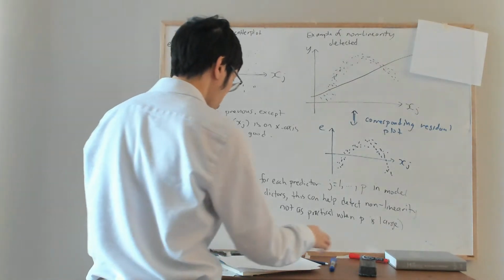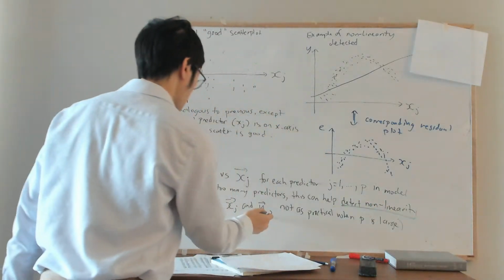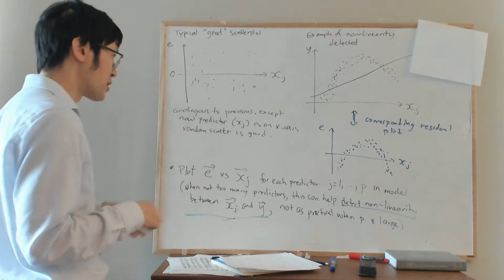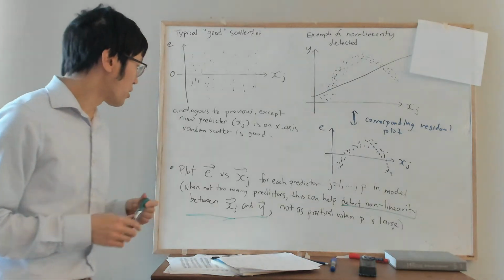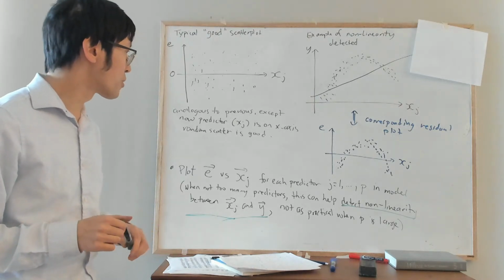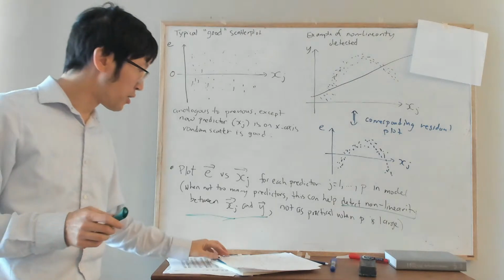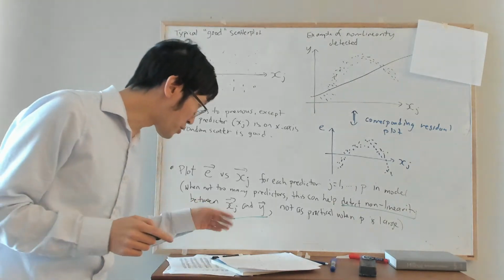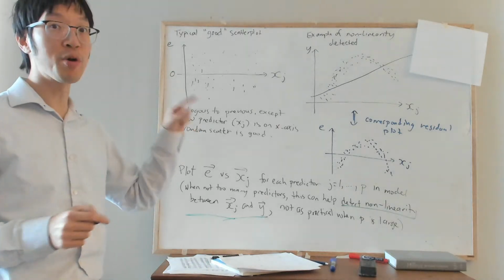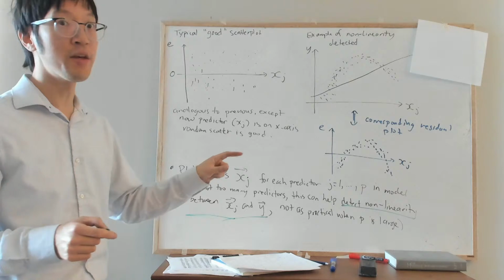So this plot can help detect nonlinearity between the predictor and the response. That's one purpose of assessing the assumption of linear relationships in the model. We know by construction the sum of the residuals is 0, but we do want to check whether for any particular values of x, the expectation of y is actually on the line.